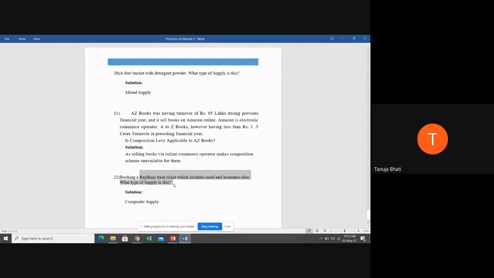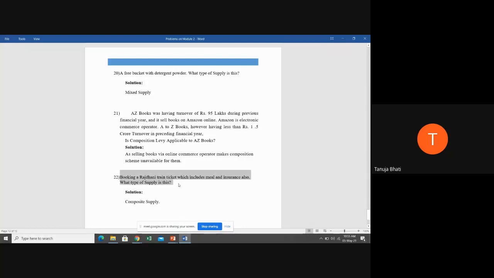Your principal supply is the train ticket, the travel, and meals and insurance do not dominate the principal supply. Therefore, whatever rate is applicable on the train ticket will also be applicable to the meals and insurance.